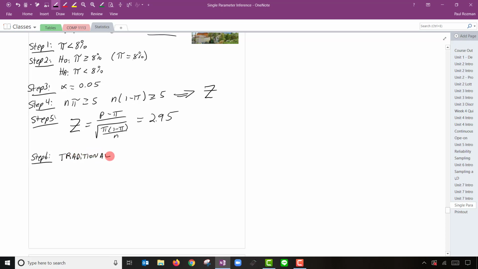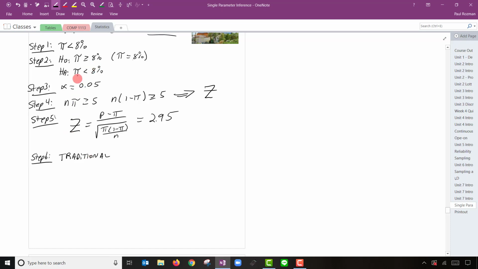If we're going to do this the traditional method, we're going to find a critical value or critical values. In this case, this is not a two-tailed test. This is a one-tailed test. And when it's a one-tailed test, it's either a left-tailed test or a right-tailed test. How do you know?